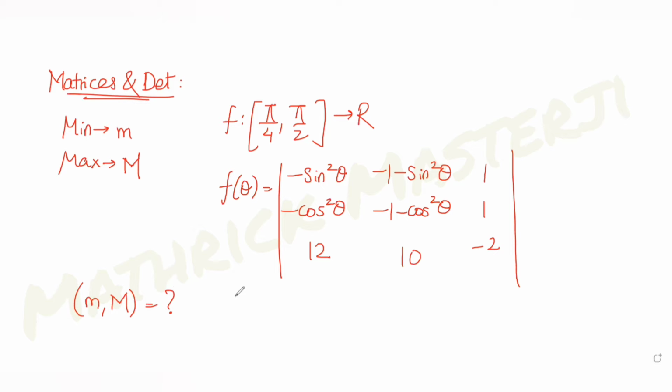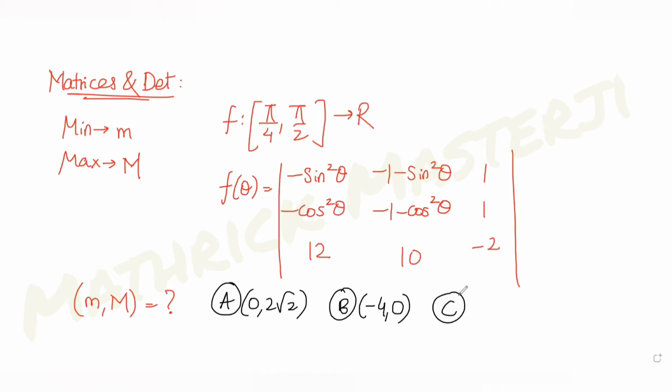The answer choices given to us are: 0 comma 2√2; the second is −4 comma 0; the third is −4 comma 4; and the last is 0 comma 4. So we need to figure out which answer choice is correct for the ordered pair, where small m is the minimum value and capital M is the maximum value.